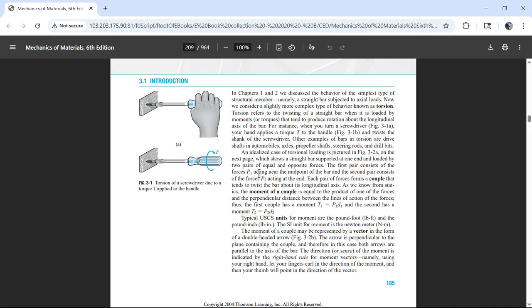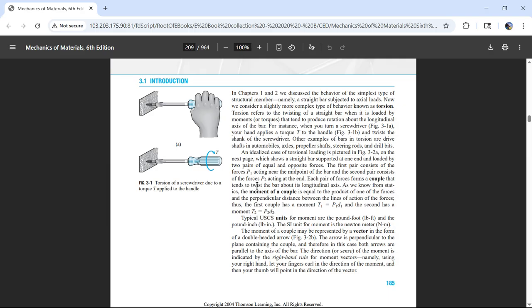And the second pair consists of the forces P2 acting closer to the end, maybe 3/4. So each pair of forces forms a couple. We talked about what a couple was: equal and opposite, and an equal distance away from a center point, that tend to twist the bar about its longitudinal axis.